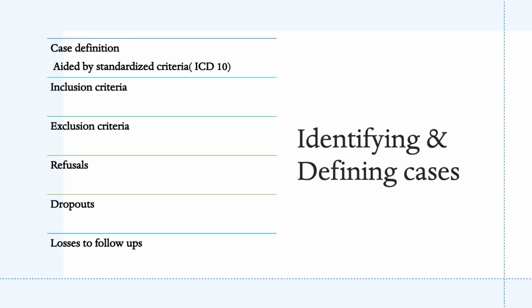You have to define inclusion and exclusion criteria so that it reduces the timelines and also effectively recruits participants. If you define inclusion and exclusion criteria strictly, you can reduce the dropouts, the refusals, and the losses to follow-up.